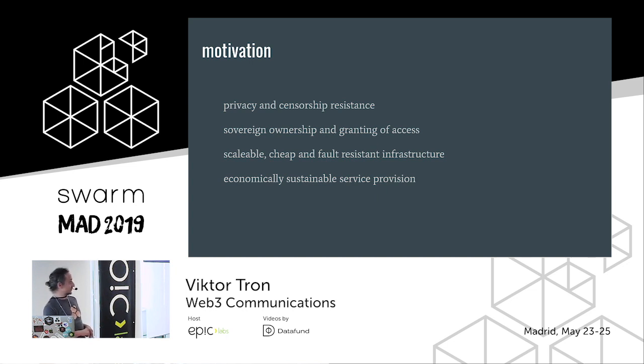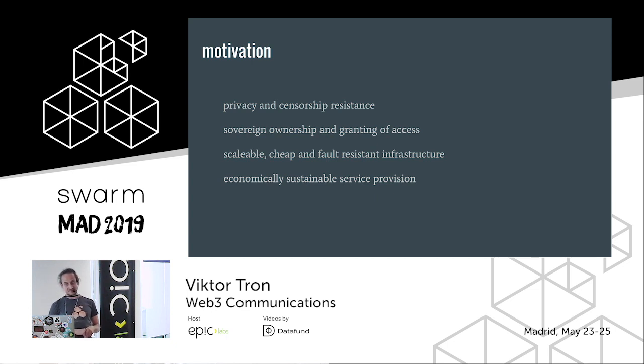And of course, in the light of our motto of scalable, sustainable, and sovereign infrastructure, we obviously want to provide tools and communication services that give you sovereign ownership over the data that you produce, and sovereign right to grant access to that information.